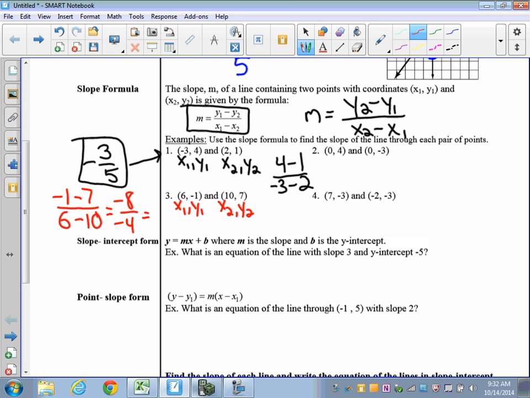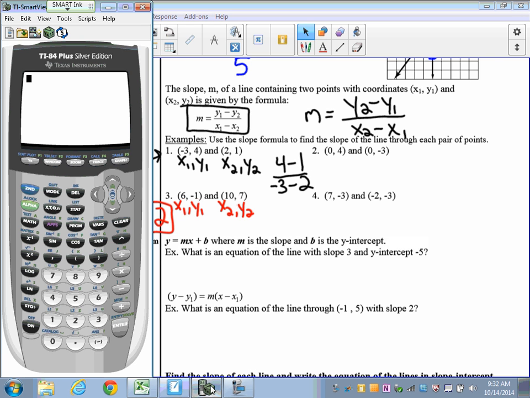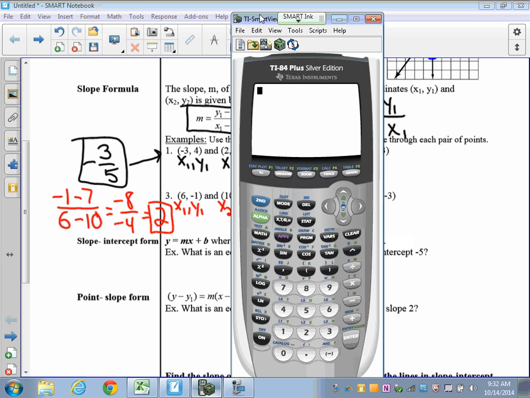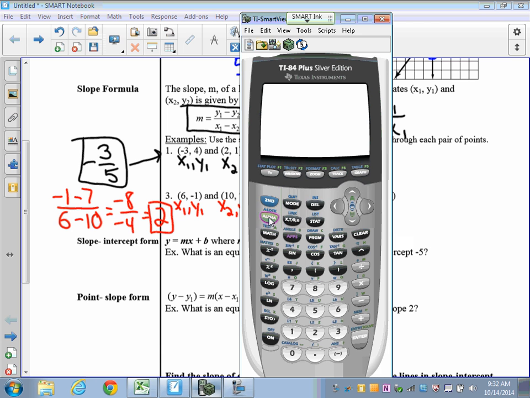Whenever I simplify that, I get 2. So we can also use the calculator to help us with this. Remember, if I just do alpha y equals enter, I just do negative 1 minus 7. I hit the down button, 6 minus 10, and I make sure that I get the same answer, 2.